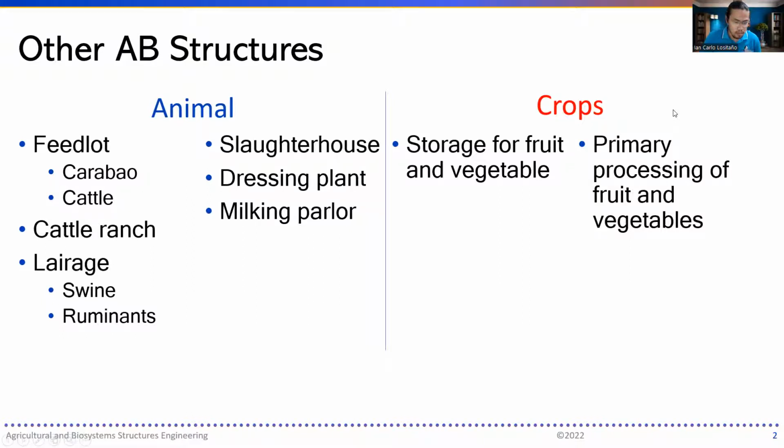So in the next lecture, discussion will focus on the common structures, and the warehouse falls under common structures because the warehouse containing the grains could be used to feed the animals, or they could be for storage of the grains for selling, for farm gate selling, or for distribution by a seller outside the farm.